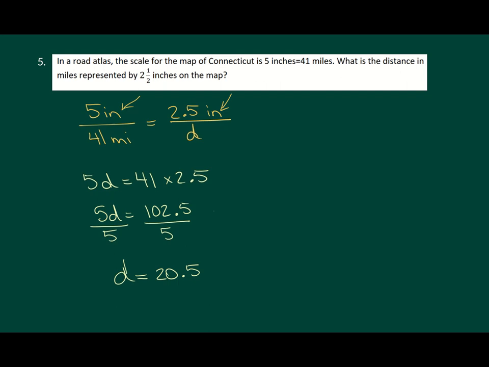So your answer could be 2.5 inches on the map represents 20.5 miles.